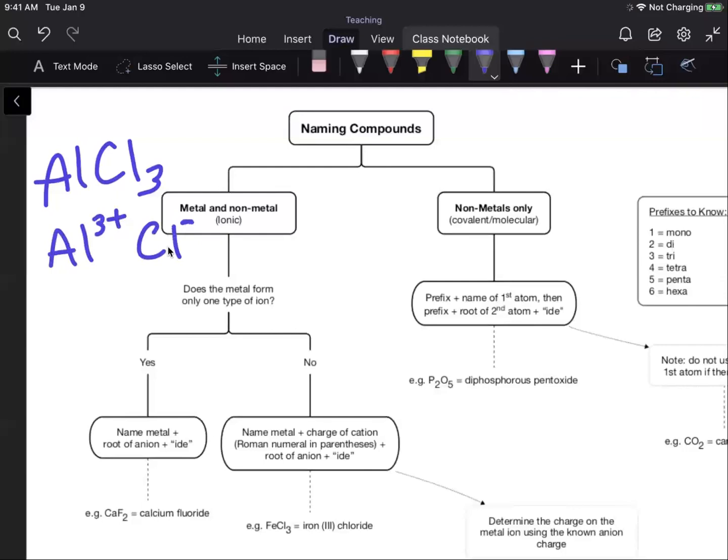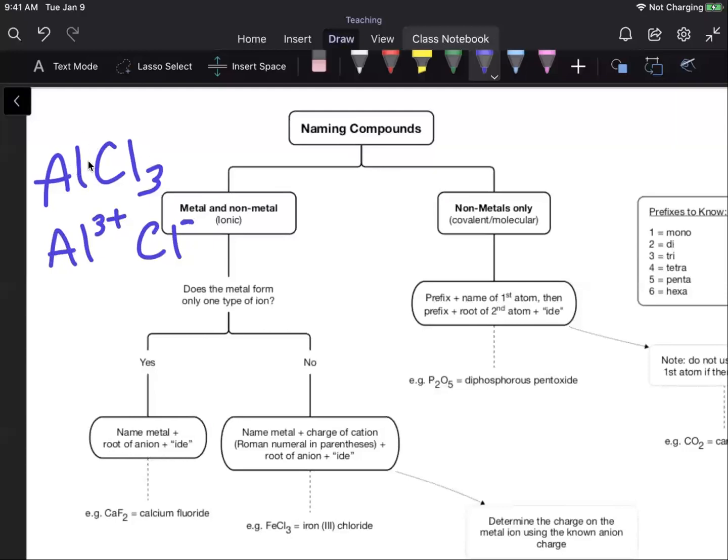So I need 3 chlorines, 3 of these negative charges, to balance the positive charge. So in my formula, I have AlCl3. When we name the compound, we're not concerned about that. We know that must be the case. We just want to give the names of the different portions of the compound, the metal and the nonmetal. So we name the metal aluminum, we name the root chlor, and instead of ine, we say ide.